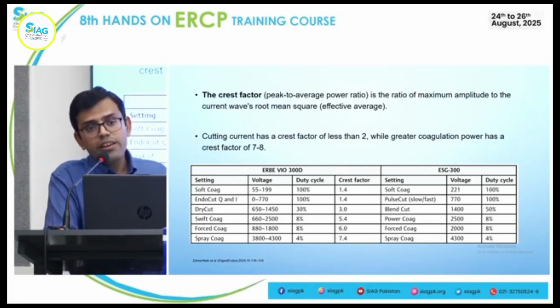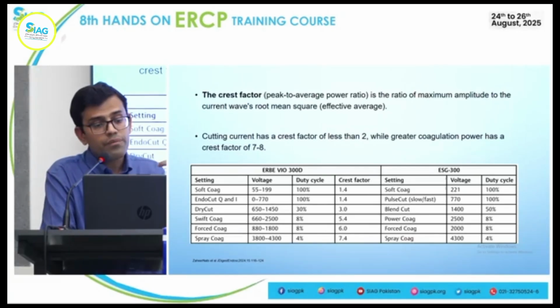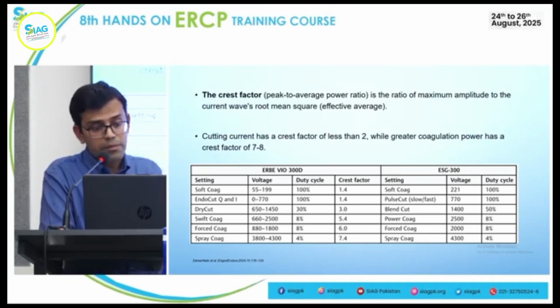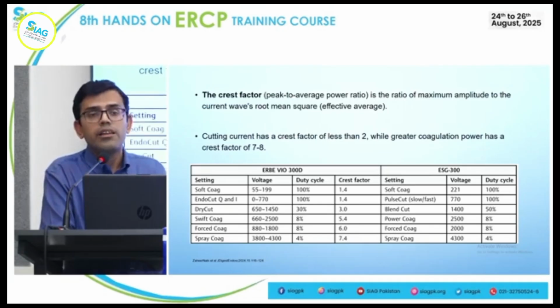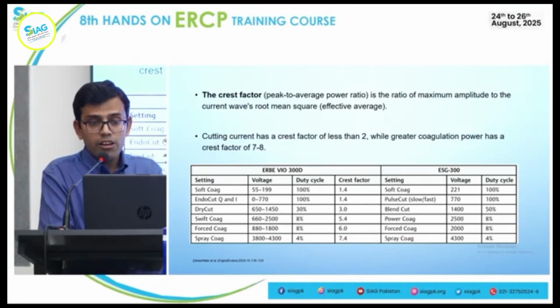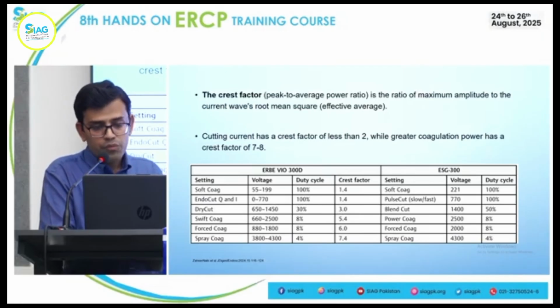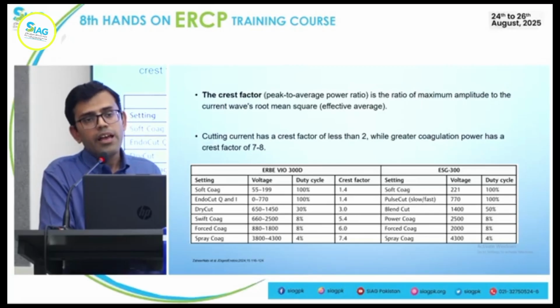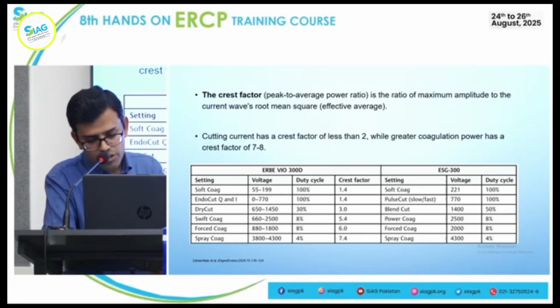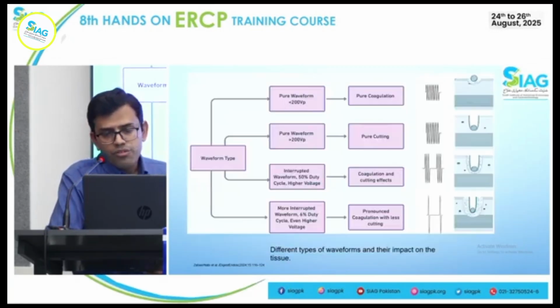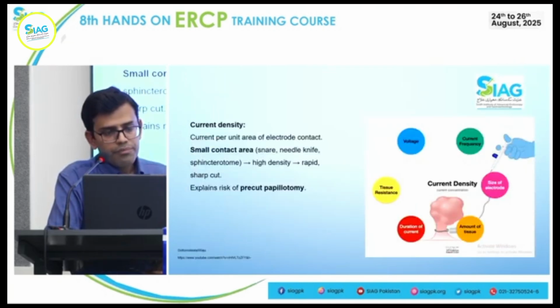If you look at duty cycle, which means the percentage of time where the current is available, 100% duty cycle implies a cutting current, while a lower duty cycle means it's a coagulation current. As we just saw, a crest factor around 2 means cutting current, and above that, it's usually a coagulation current. So the same happens here too.